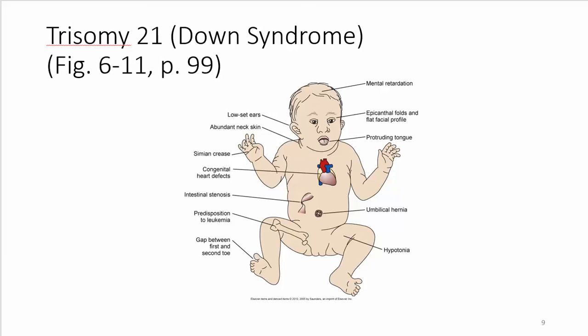The one curves up towards the middle finger and the other one curves down towards the pisiform. Well, on people with trisomy 21, it tends to be one crease that goes straight across, and they call that the simian crease.